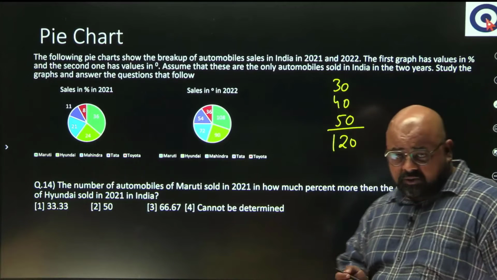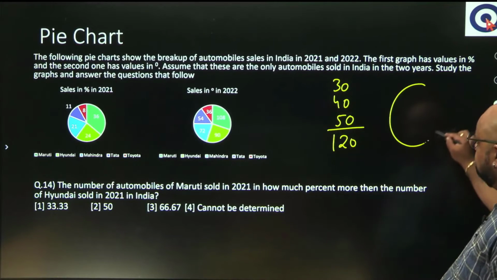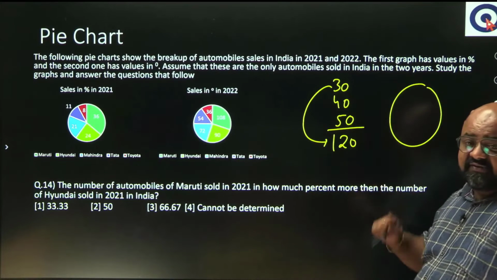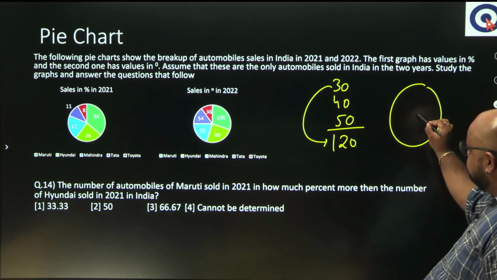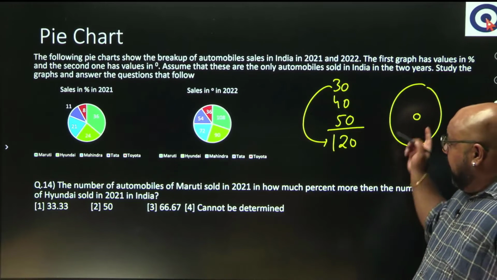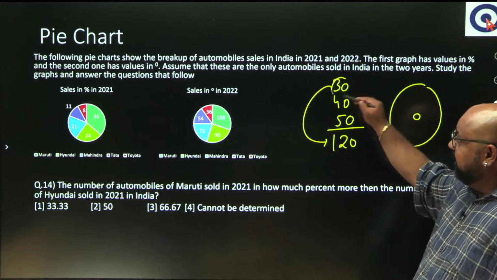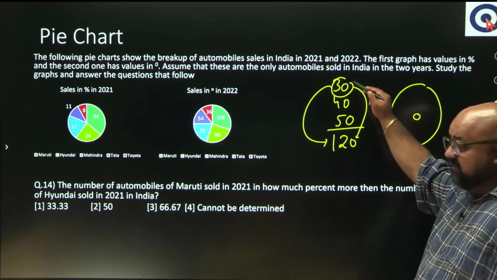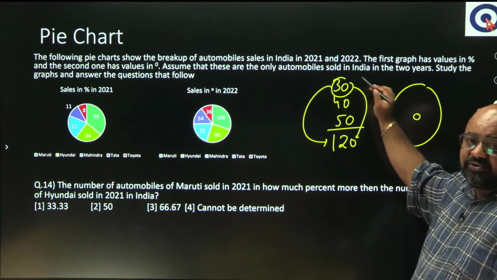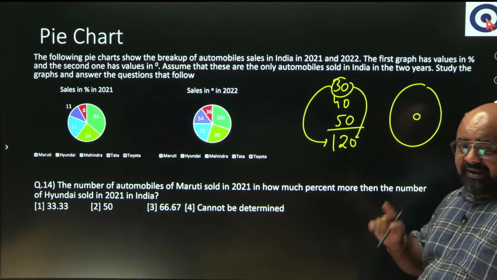I draw a circle and then see what the ratio of this is with respect to the entire circle. In a circle the total angle is 360 degrees. Out of 360, the first subject score with respect to the total score will represent the first part.